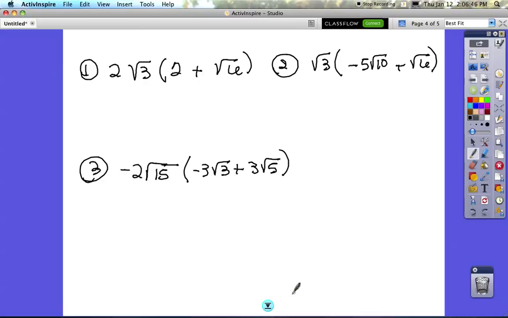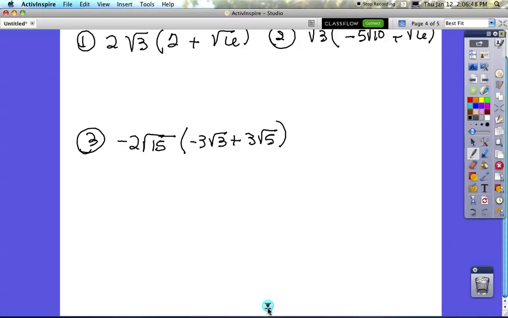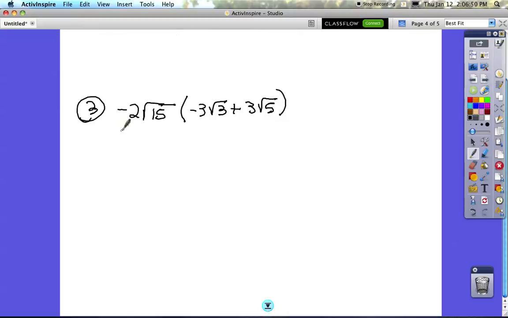All right, now let's look at number 3. Multiply outside times outside. What's negative 2 times negative 3? Okay, 15 times 3 is 45.